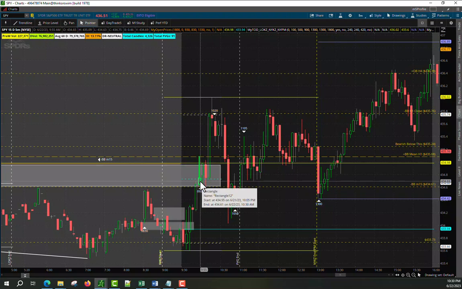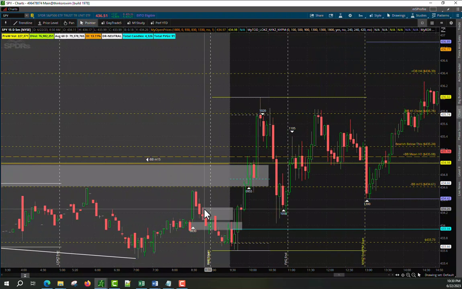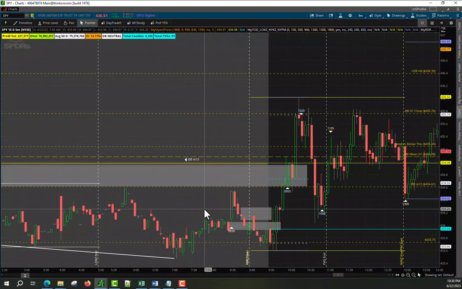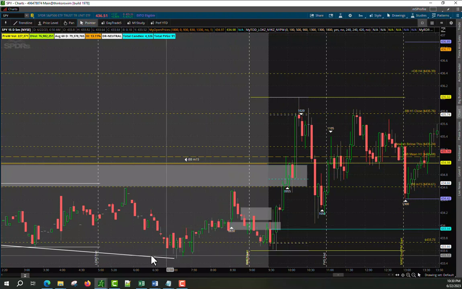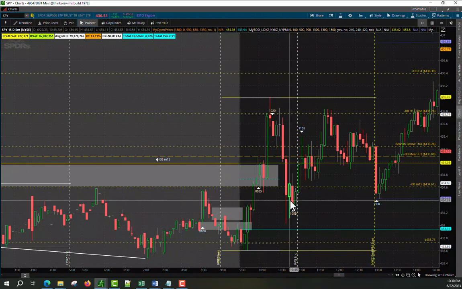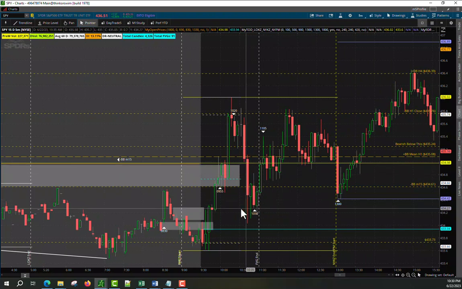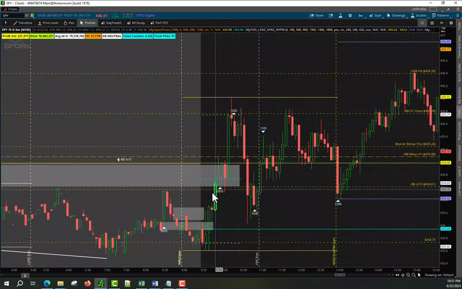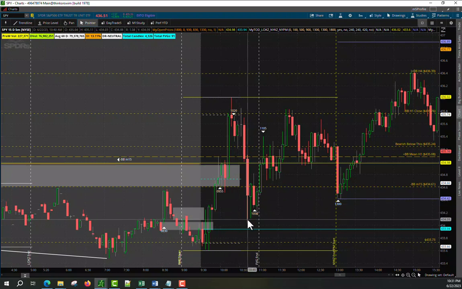After sell-side liquidity was taken, a bullish breaker was created and the fair value gap overlapped it, and when it retests that bullish breaker and the fair value gap, then you can enter right there.